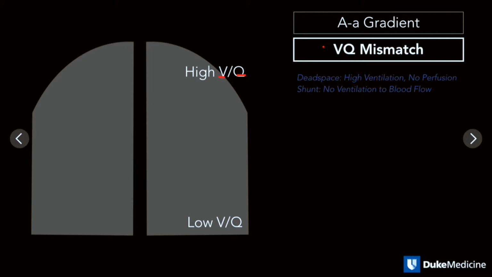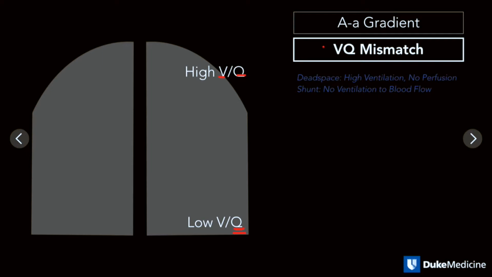Blood flow normally is greater at the bases of the lungs because of gravity, so you have a higher perfusion at the base of the lung. So this ratio of ventilation to perfusion is lower because the denominator is larger. At the apex of the lung, you have less perfusion, and so that ratio is higher. And that's normal in all individuals.